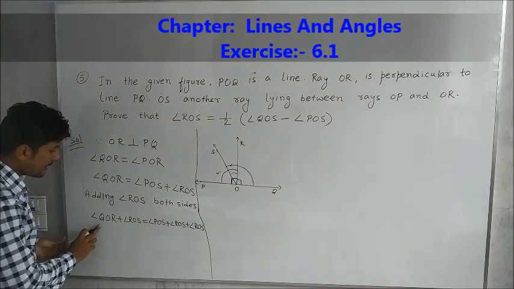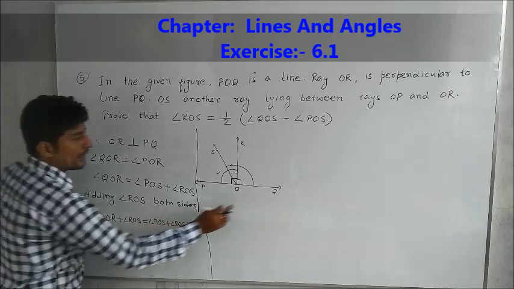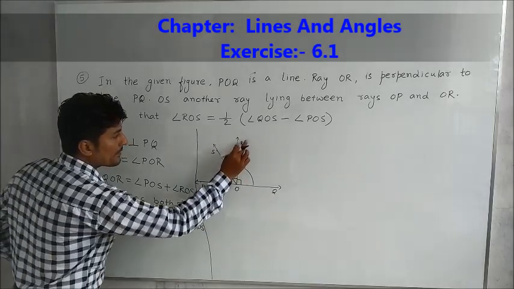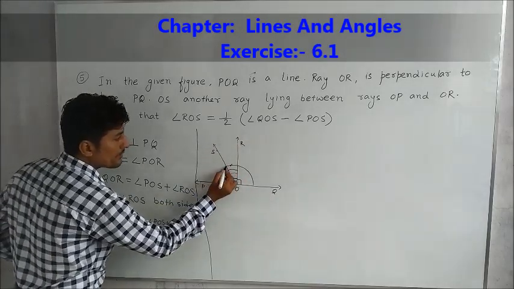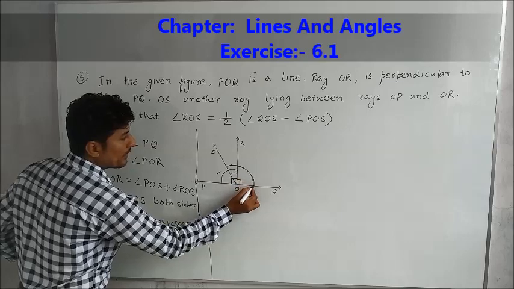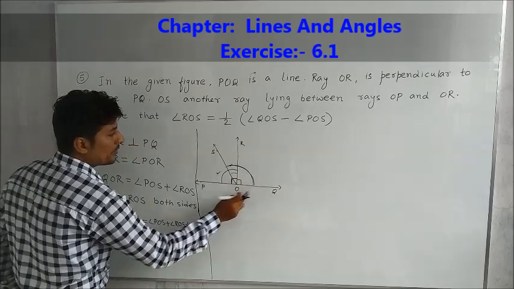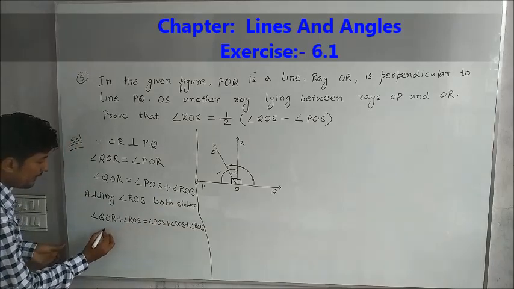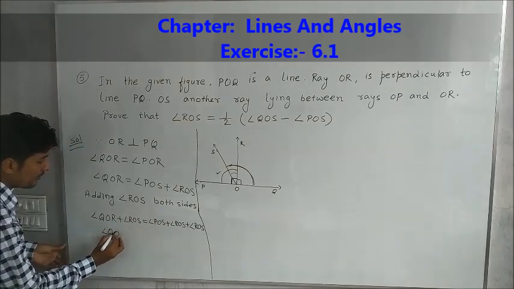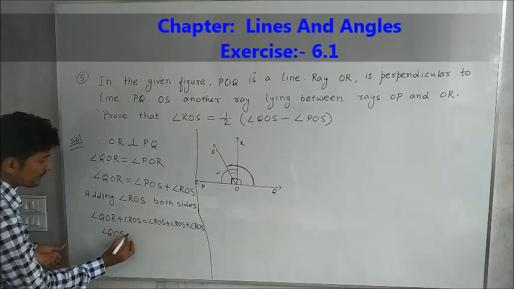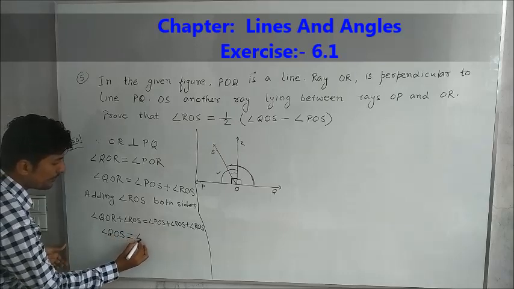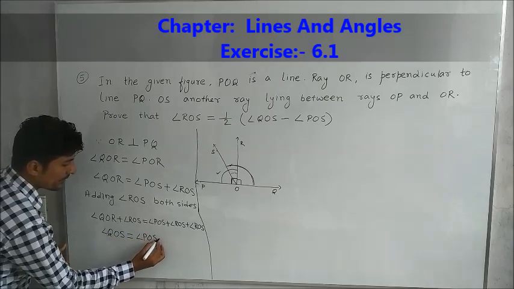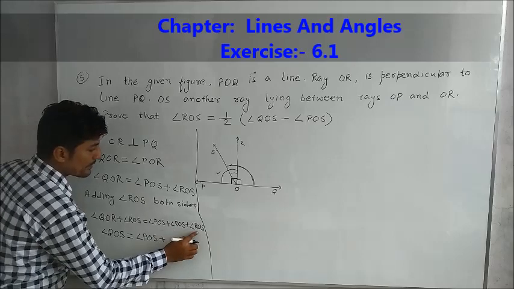So angle QOR plus ROS will be equal to this whole angle, so we can write angle QOS. In place of these two angles, we can write angle QOS equals angle POS as it is, no change, plus angle ROS plus angle ROS.